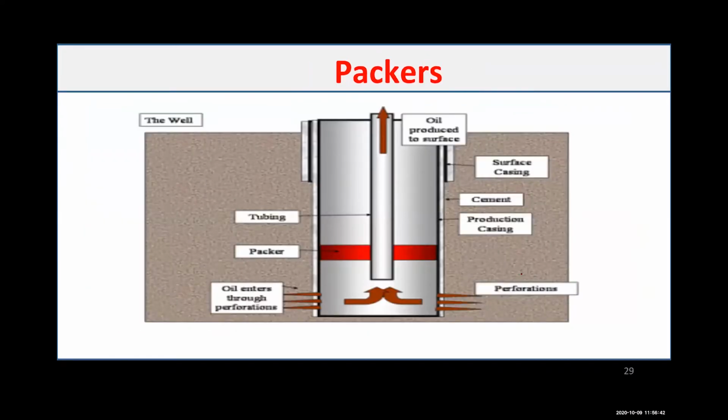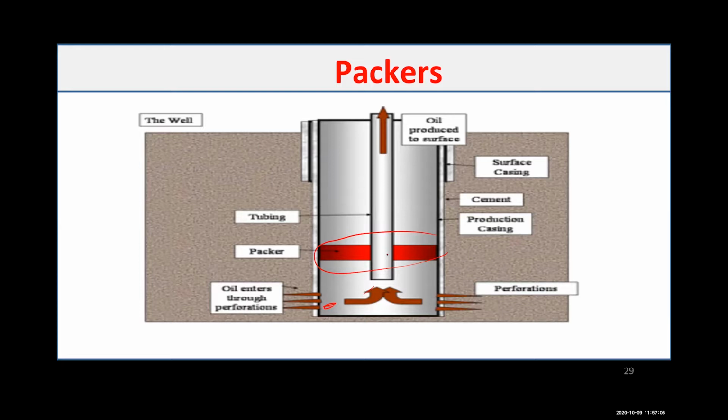Another one is using packers. Stimulate a zone, then put a packer, stimulate another zone, then put another packer, stimulate a third zone, and put another packer. So you use a packer to isolate the zone that you are trying to inject: inject, then close, go to another area, inject, and then close.